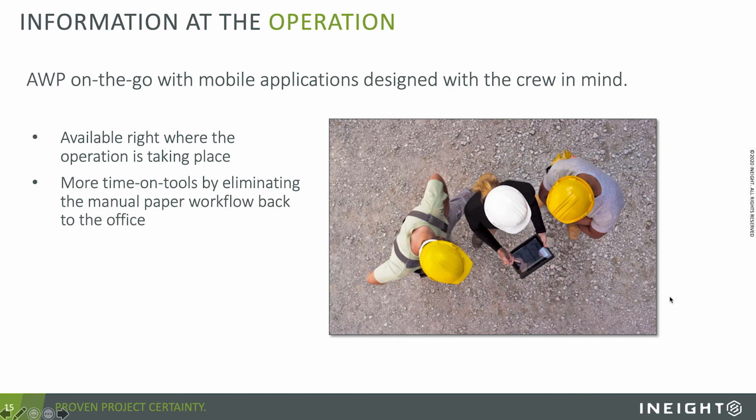And that allows for more time on tools. It eliminates any manual paper processes or workflows or movement back to the office or that kiosk or a screen somewhere because it's all available on the device sitting right there in your hands. And that streamlines the planning and execution into a single user experience that is available across all the devices.